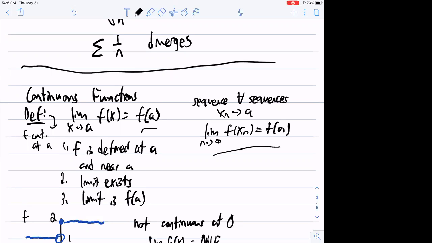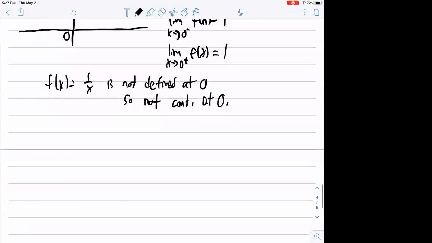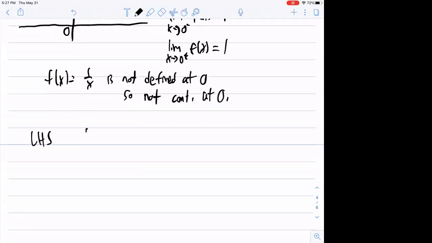So the sequence definition is more useful to show something is not continuous. But normally to show something is continuous, you want to use the left-hand side. So left-hand side, let me just rewrite. Limit as x goes to a.